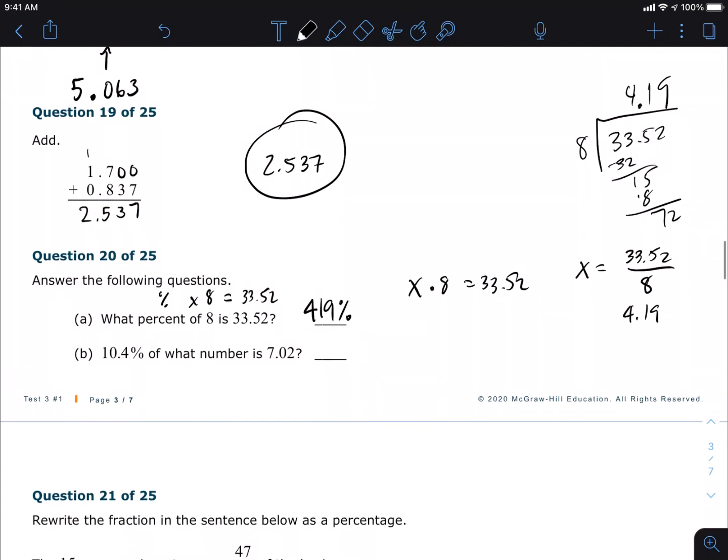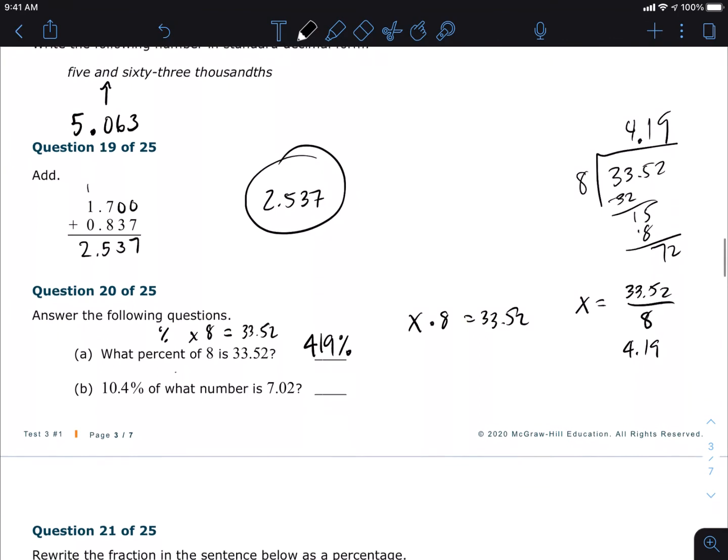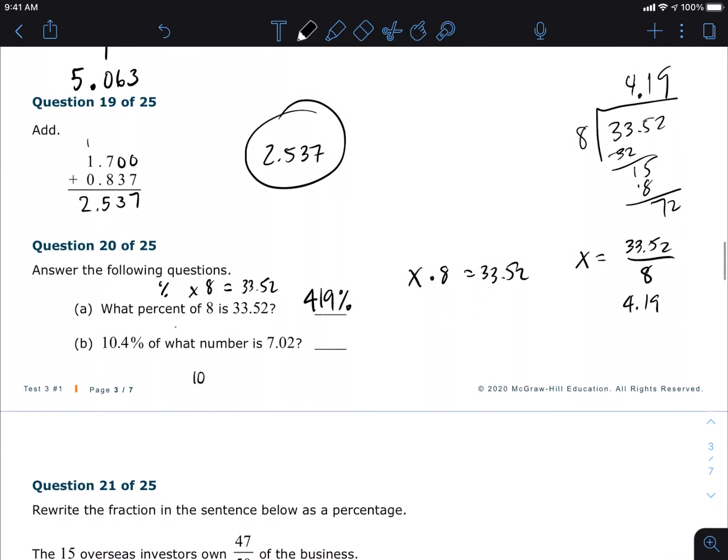All right, so in this next one, it's 10.4% of, don't want to confuse you, I'll put a dot, x is 7.02. Well, to get rid of the percent, I'm going to move the decimal to the left.